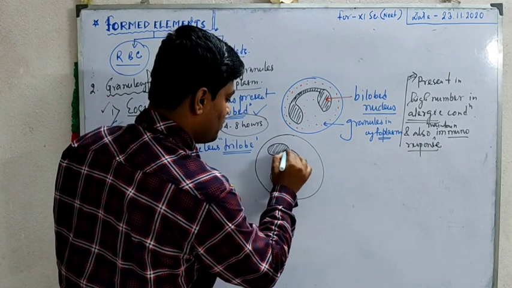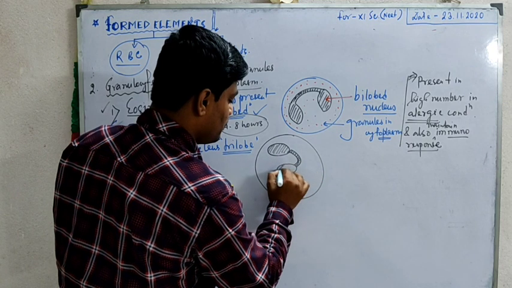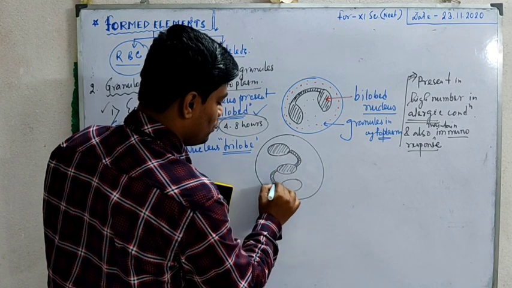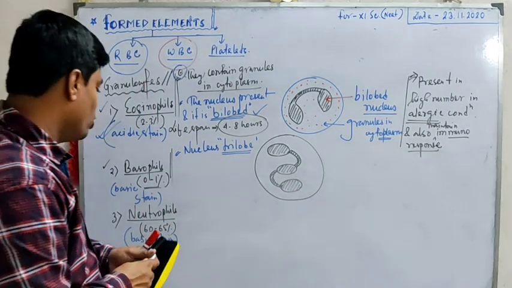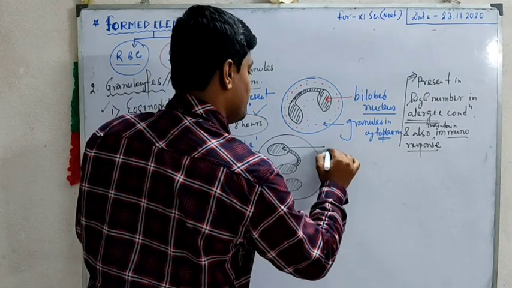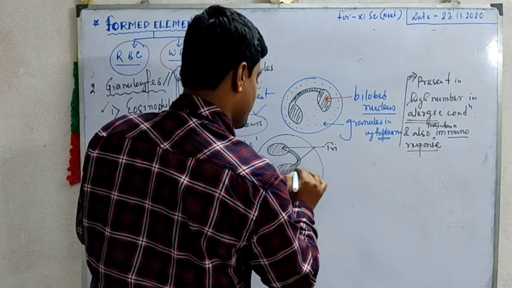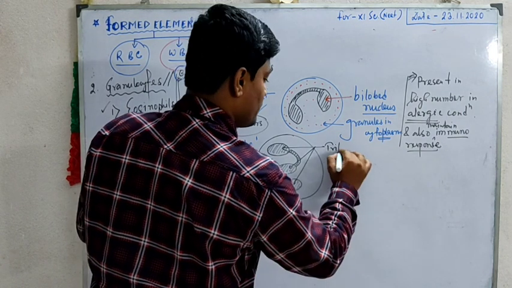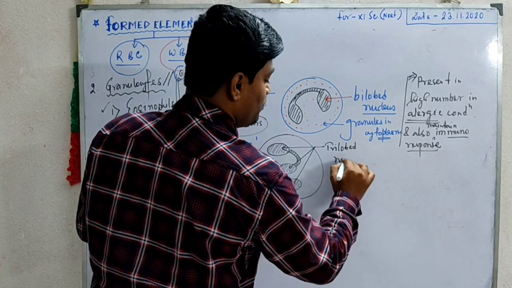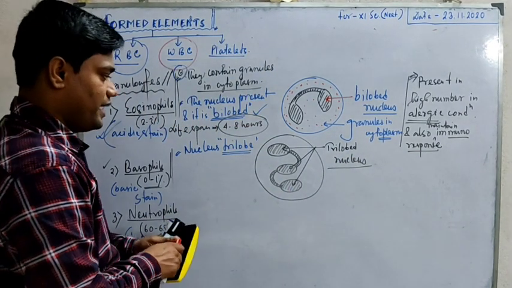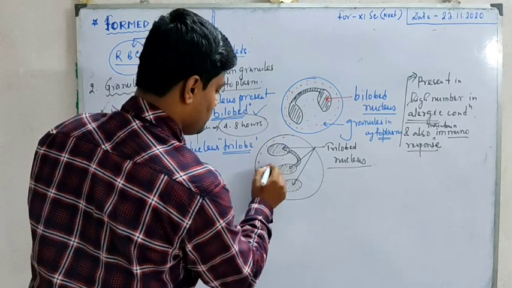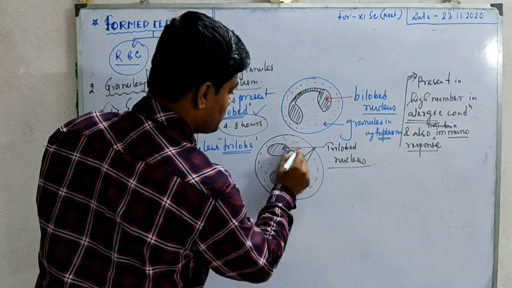This is the graphical picture, where we found the trilobe nucleus in basophil. Trilobe nucleus, and also granules in cytoplasm.